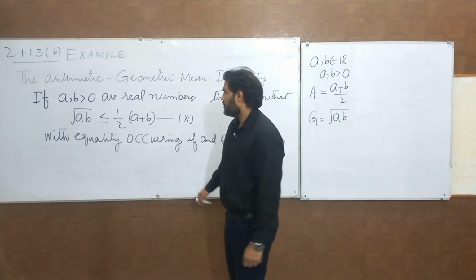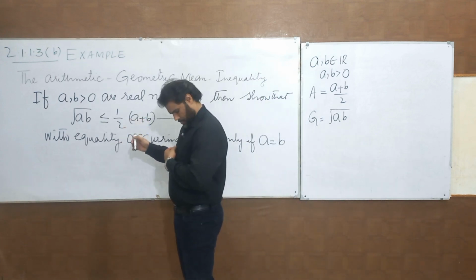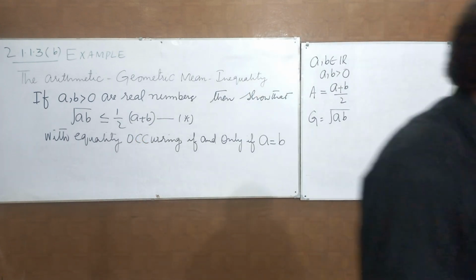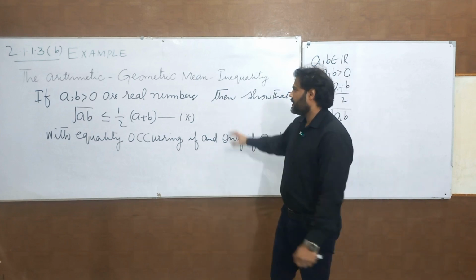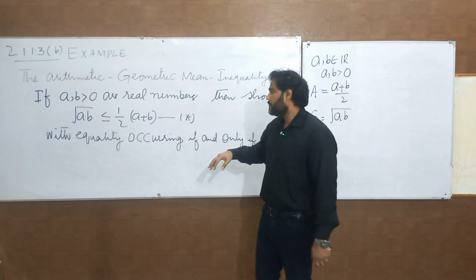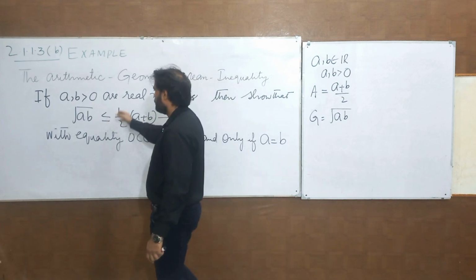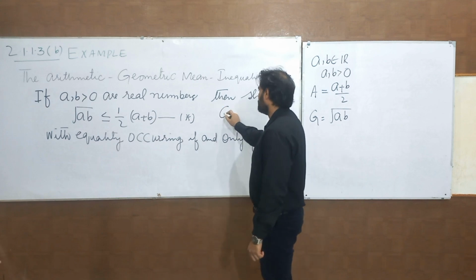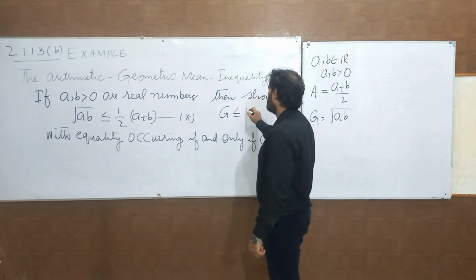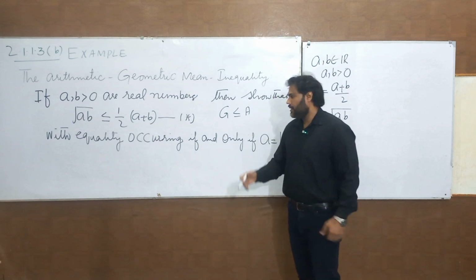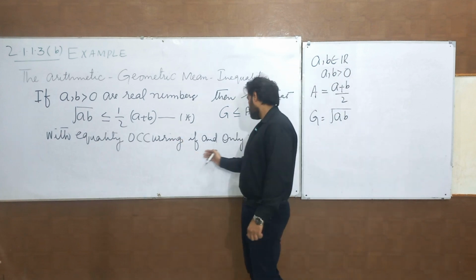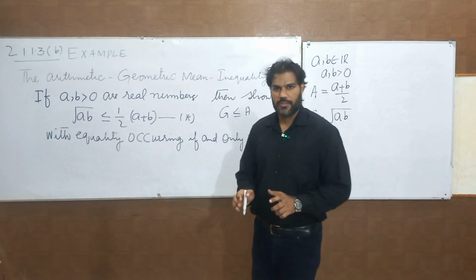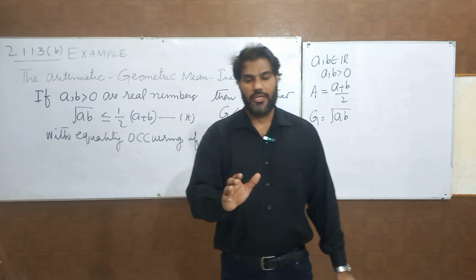This inequality says that if A and B are any two positive real numbers, then the square root of AB is less than or equal to half of A plus B. In other words, the geometric mean is always less than or equal to the arithmetic mean, and the equality occurs if and only if A is equal to B. In case when A and B are equal, then arithmetic mean and geometric mean are equal.